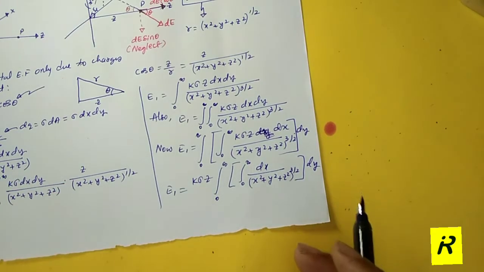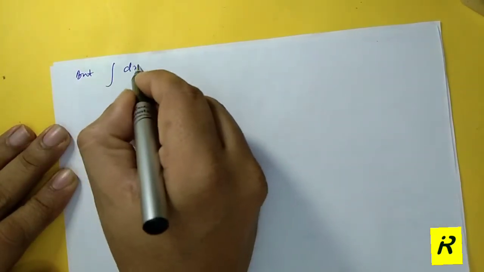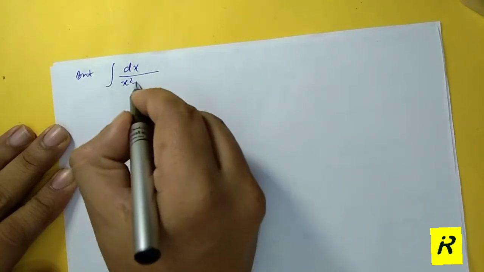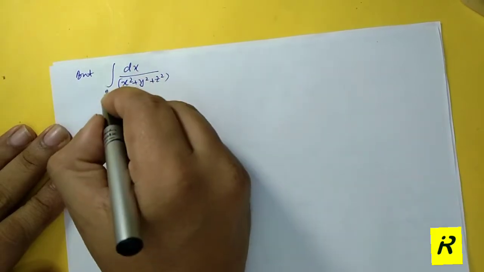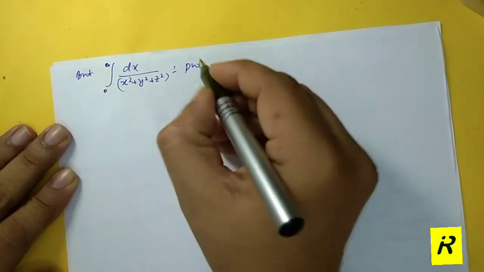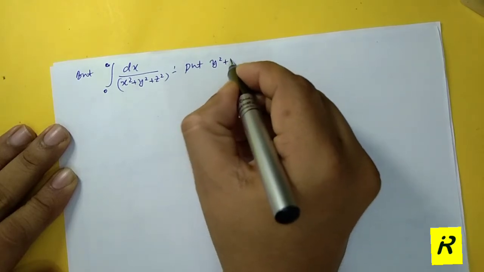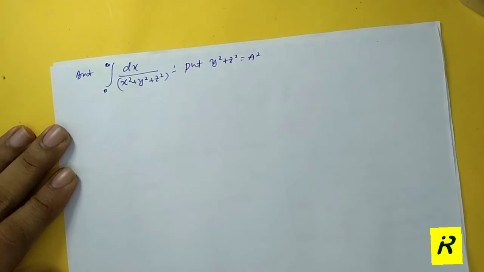So for that you should know the rule, that is what I am writing here. The integration of dx divided by x square plus y square plus z square whole to the power 3 by 2, from 0 to infinity. So put y square plus z square equal to some a square. This is how we can solve.